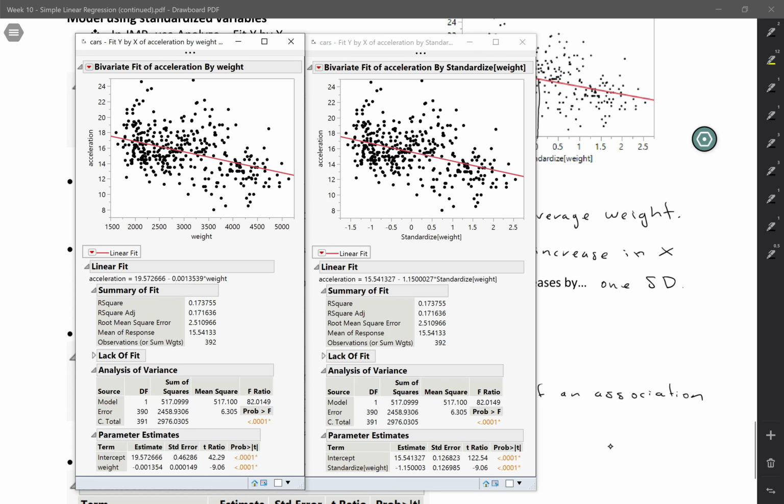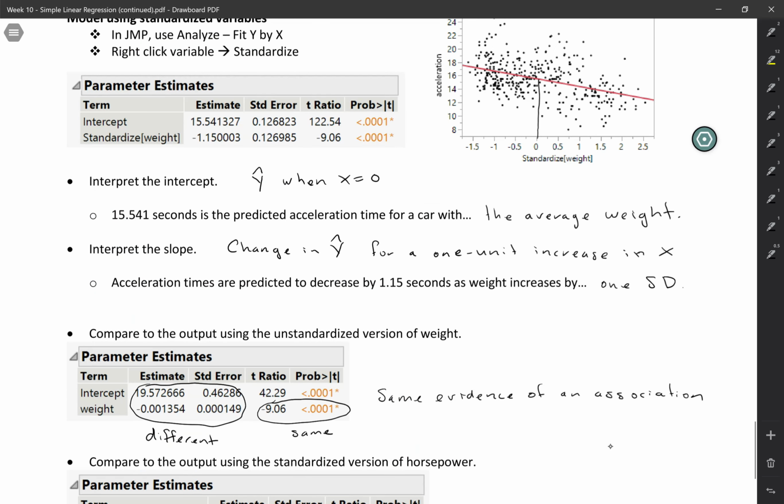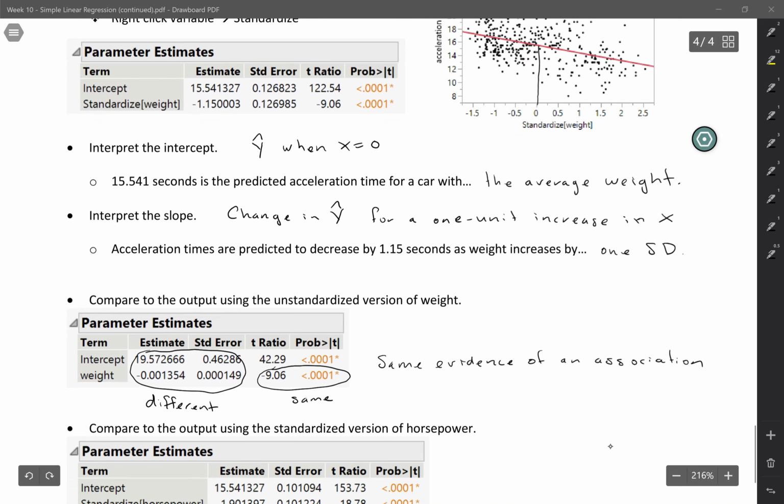Obviously, the calculations look a little bit different, but the outcome is the same. So even though it's not shown in the output here, I'm also just going to put a note: also the same strength of association, like our R-squared or our root mean square error, and even the same predicted values. That doesn't change depending on whether it's standardized or not.